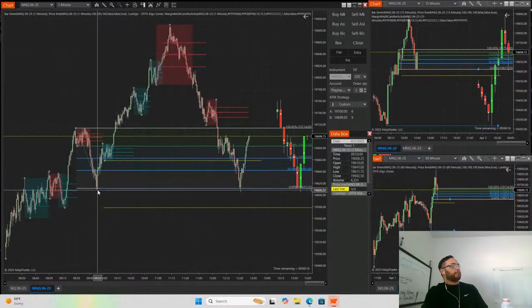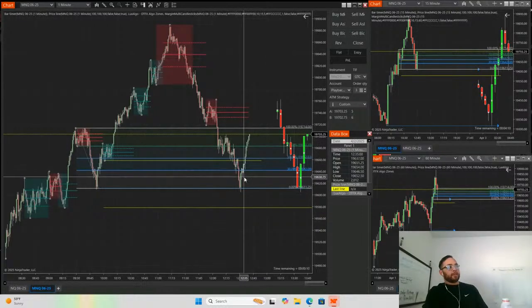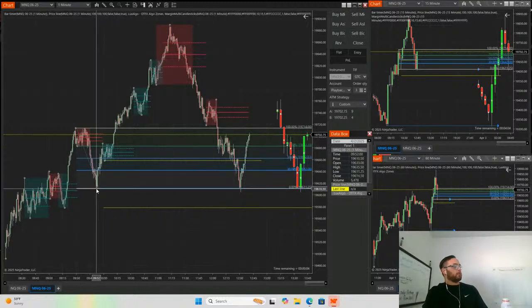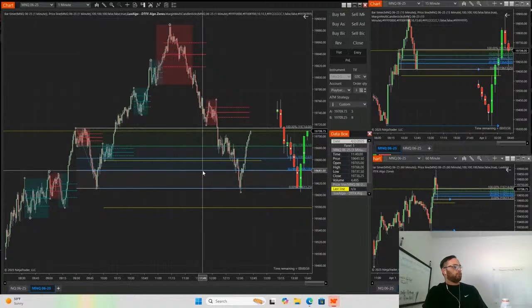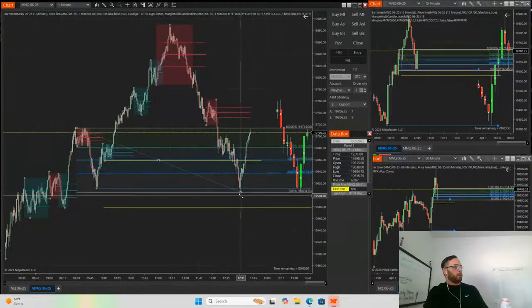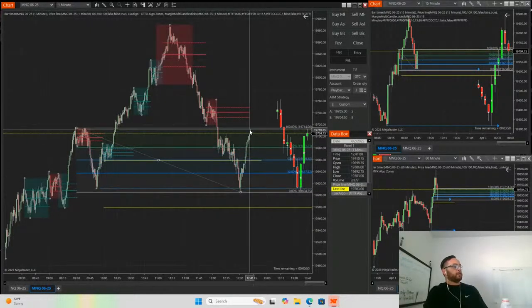Plain structure. So here, close below. It didn't go here. This candle was everything. Now, if you single candle entry, folks, whoa. Watch this.